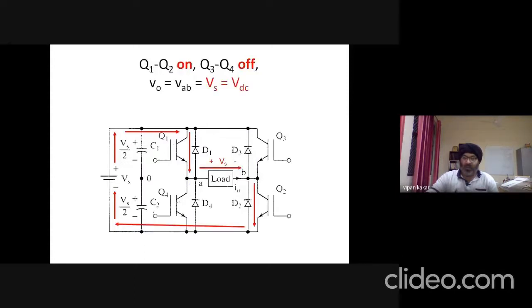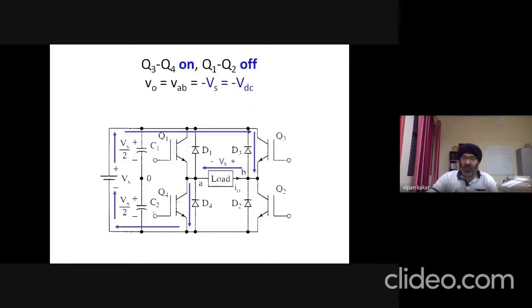In first case, Q1, Q2 on, the direction of the flow of current is from A to B. In this case, when Q3 and Q4 are on, the direction of the flow of current is from B to A, so opposite. So now the potential across this load is minus Vs, reversed from the previous case.